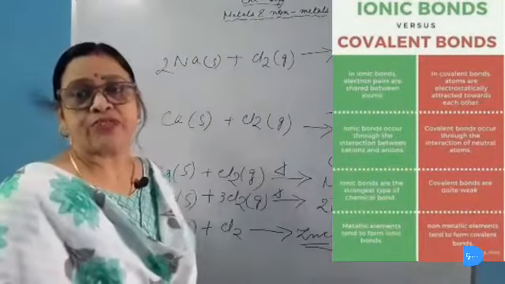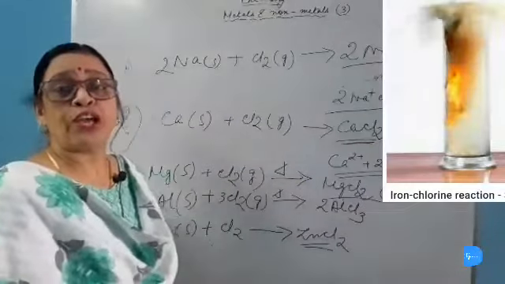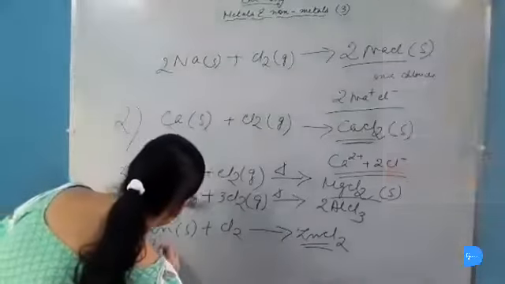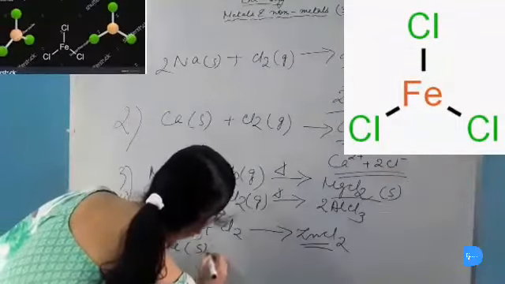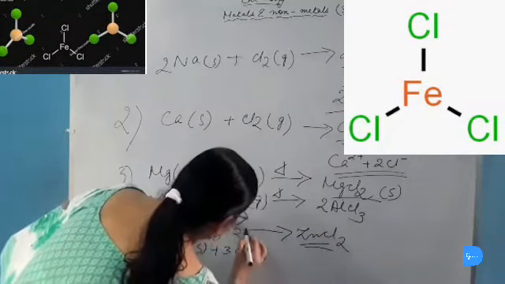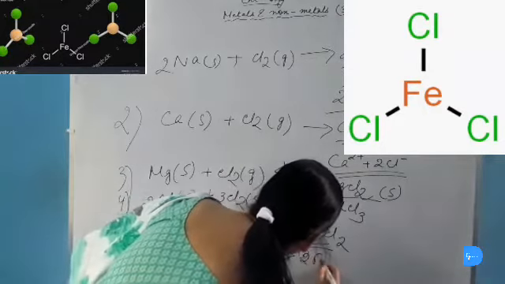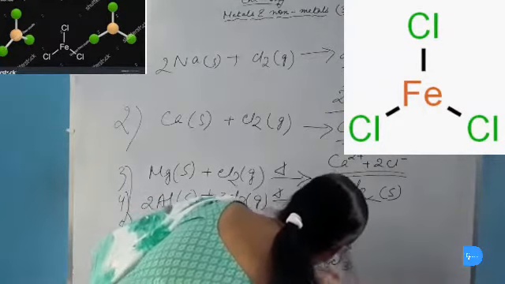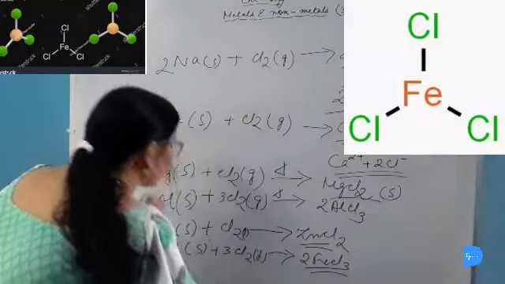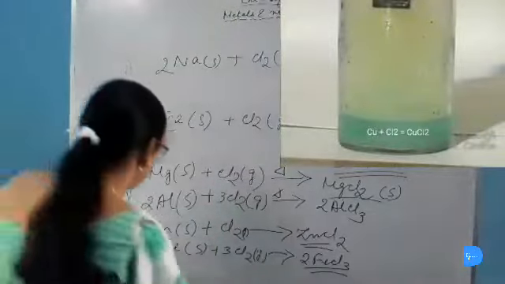The next reaction is with iron. When iron is heated, it also reacts with chlorine to give iron 3 chloride or ferric chloride. And copper also reacts with chlorine to give copper 2 chloride or cupric chloride.